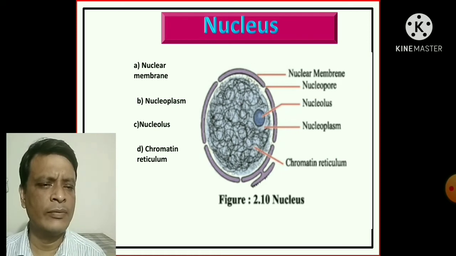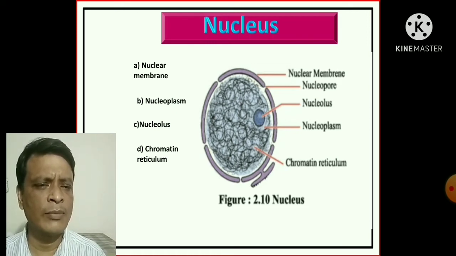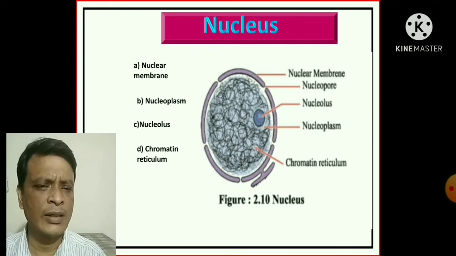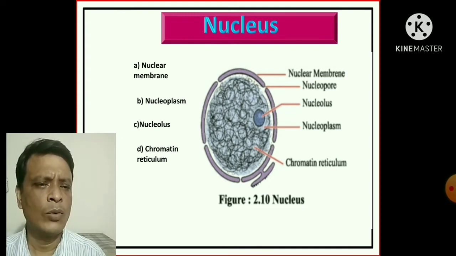If you look at the figure, in the nucleoplasm some elongated thread-like structures are found. This is called the chromatin reticulum. During the resting phase, this chromatin material appears like a thread-like structure, but during the division of the cell, this chromatin material becomes condensed and thickened and forms a chromosome.